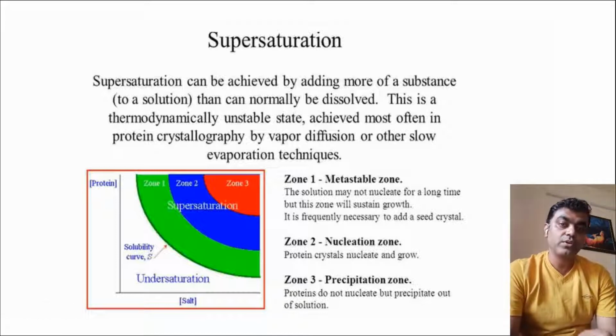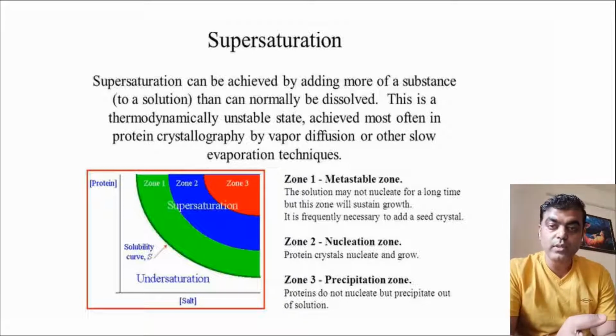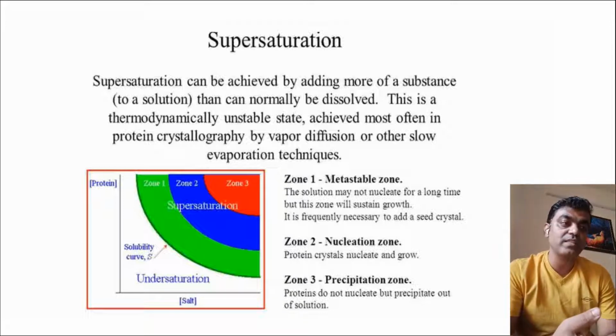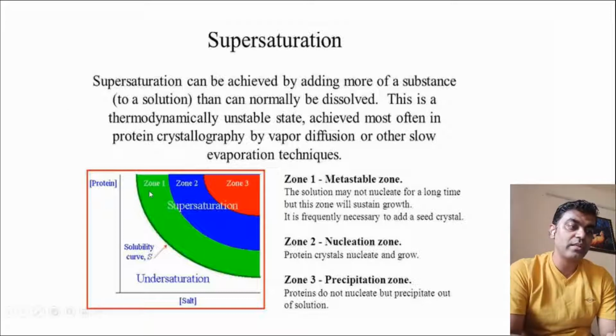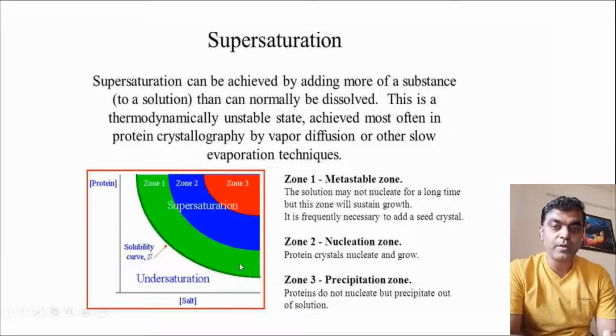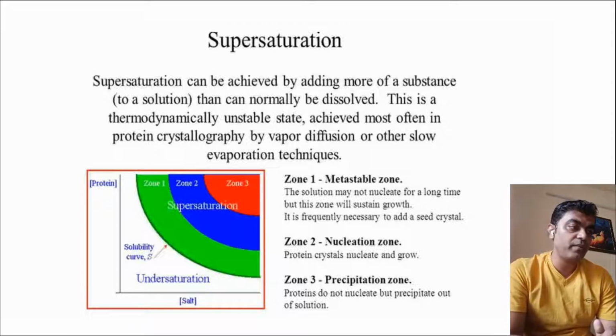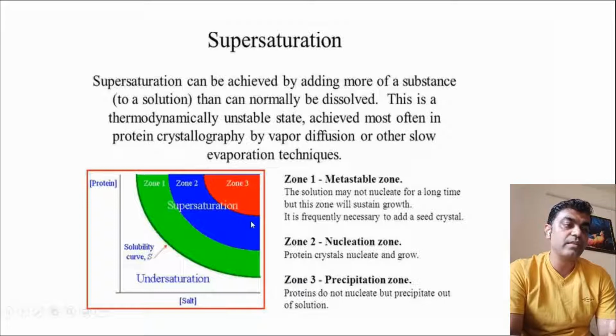So again there are three zones. The first one is the metastable zone, represented in green, and it is more stable and will not nucleate for a very long time, and you see the evaporation is happening from this surface only, but this will initiate the formation of seed crystals inside.